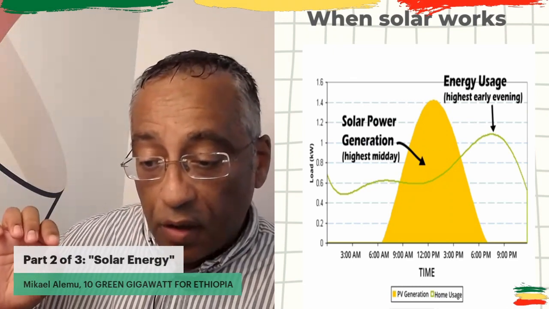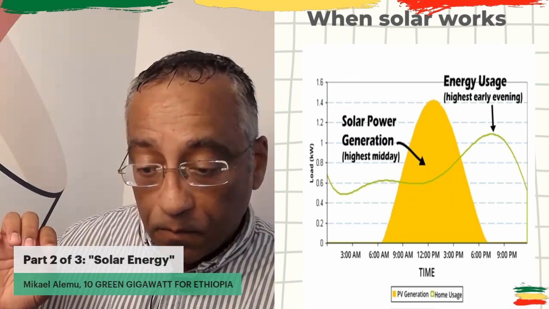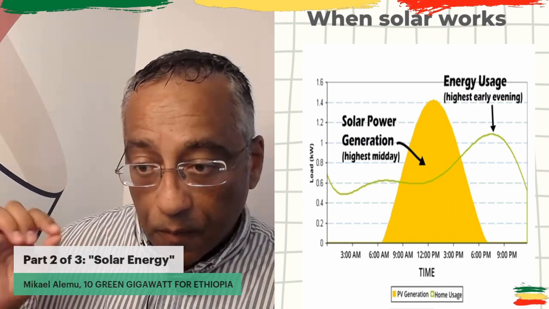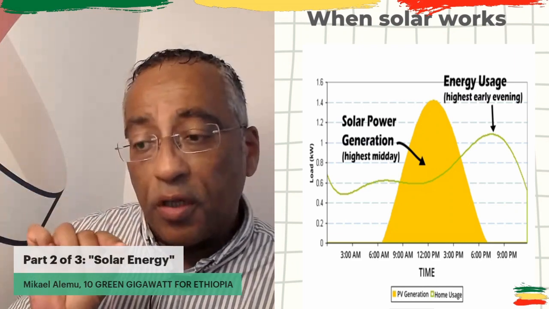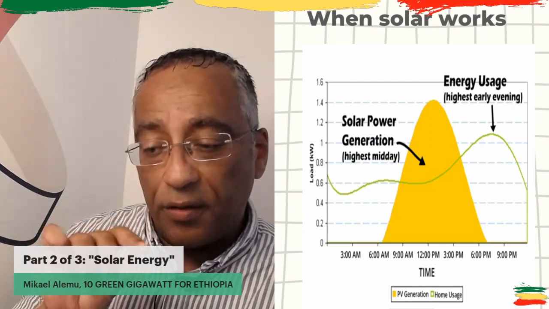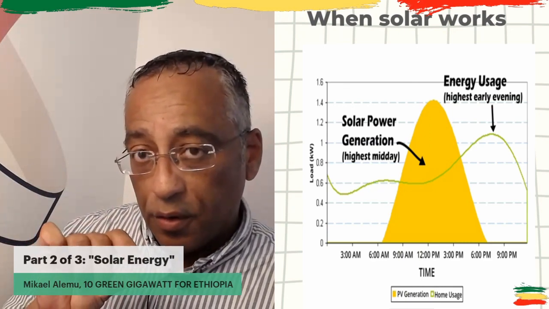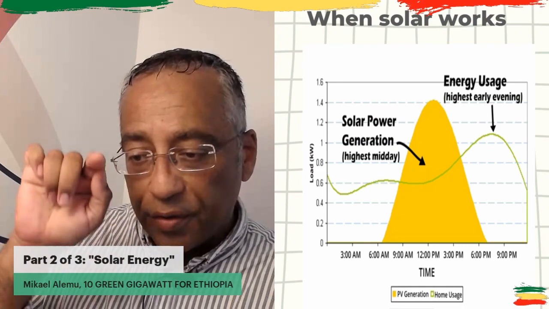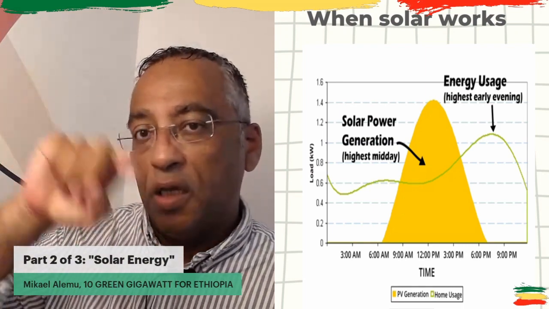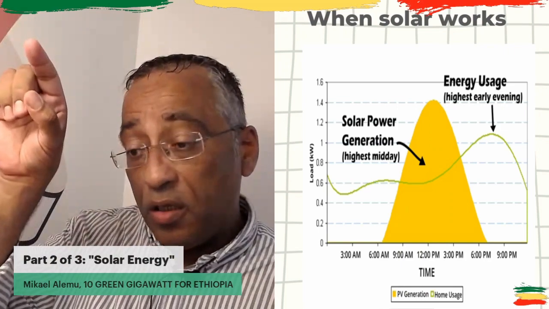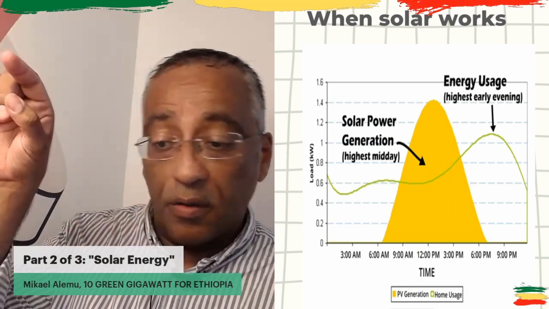Yes, and in the morning there is little sun, very little sun. Then the sun goes up. It's more and more sun, more intensity. Probably at midday we have maximum intensity.